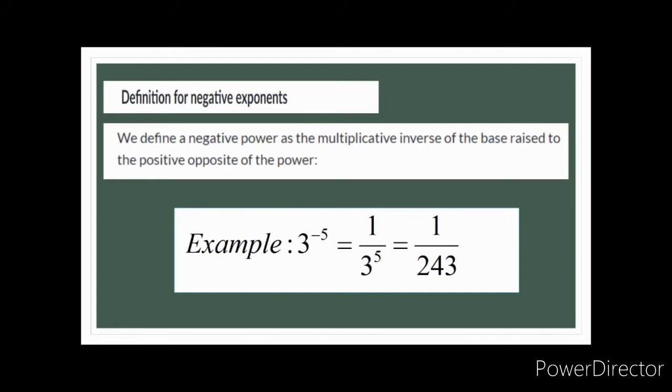That is, 1 over 3 raised to positive 5 is the multiplicative inverse of 3 raised to negative 5. So now we have a positive exponent, that is equal to 1 over 3 raised to 5 equals 1 over 243. So we are going to use this concept in solving the next example.